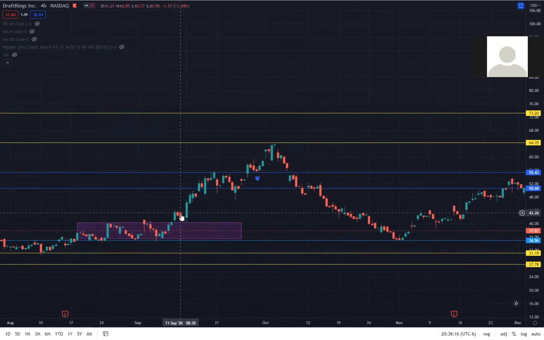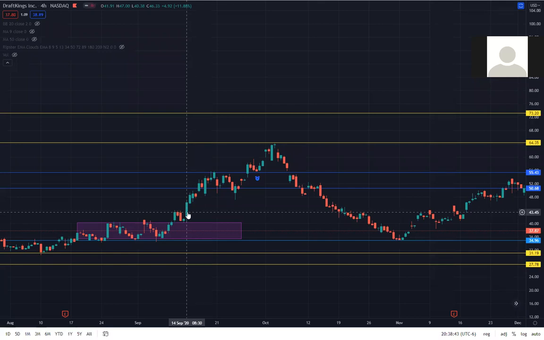So it came back, and this green candle could have been an indication that there's some buying pressure. But I would have waited until it looks like it's about to clear the top of this candle. I would wait for adequate buying pressure to break this level. I would probably hop in right here just to be safe, because it could be a fake out and then it's going to retest again.